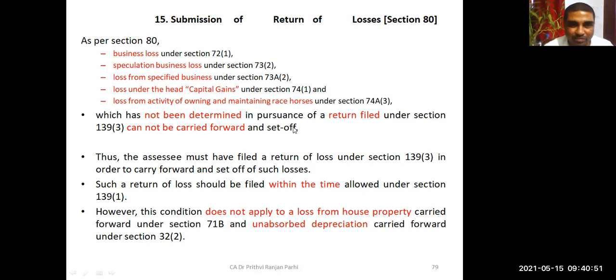That means these losses cannot be carried forward unless the loss has been determined by way of filing of the return. So return filing is necessary to carry forward these kinds of losses, and that return should be filed within the time limit allowed under Section 139(1), within the due date. However, other losses, for example losses from house property or unabsorbed depreciation, can be carried forward even if the return has not been filed in time.